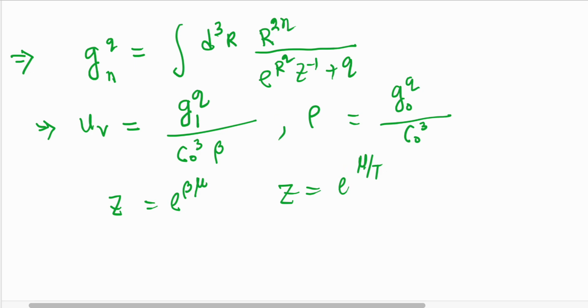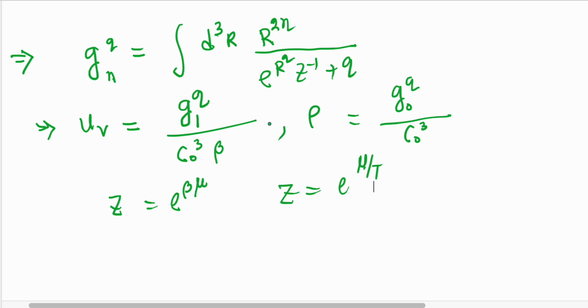So that means we can express... okay, so this is very small. When T is a very large number, this quantity is very small. So now we can expand in terms of this quantity.